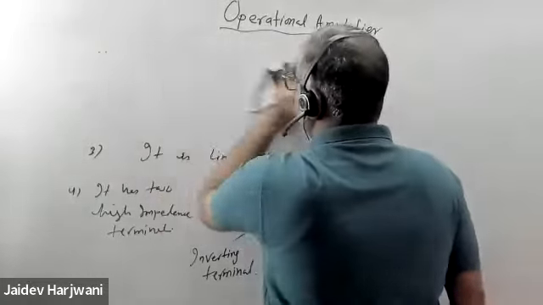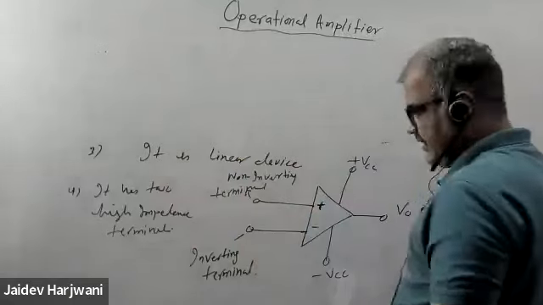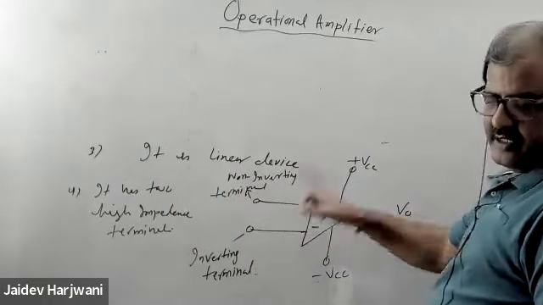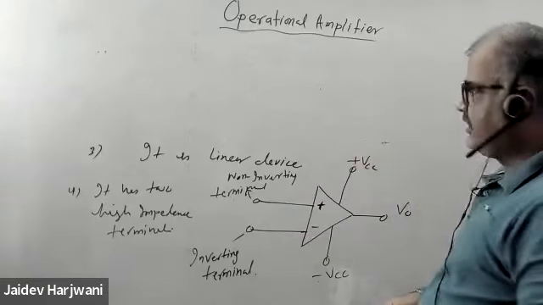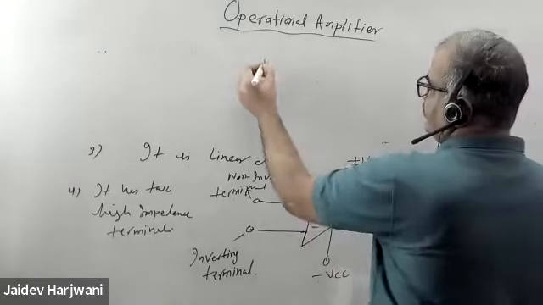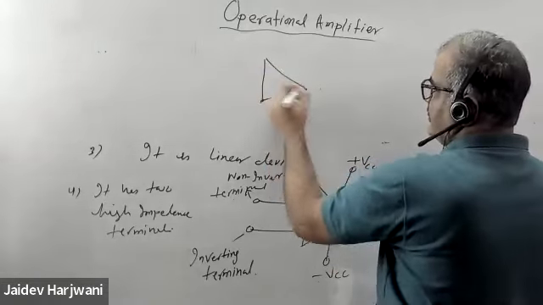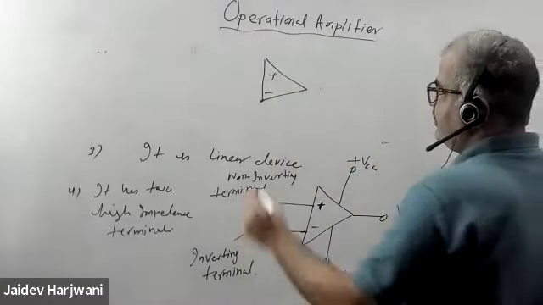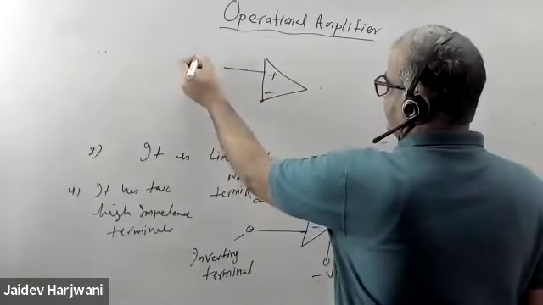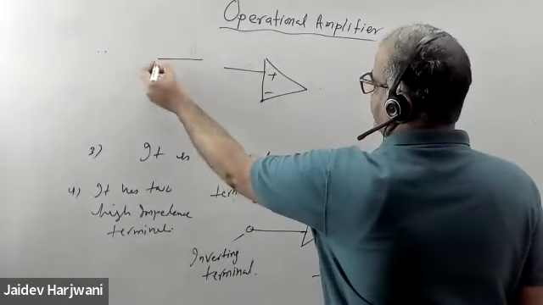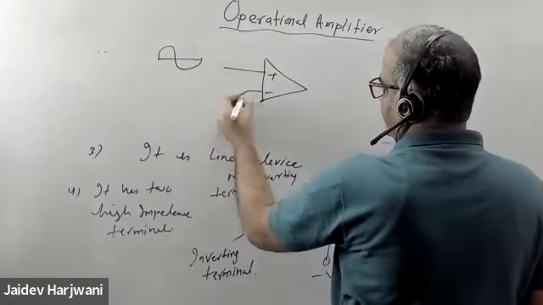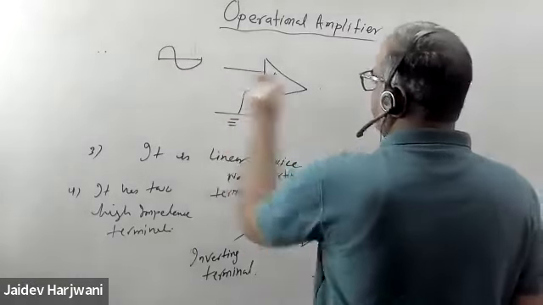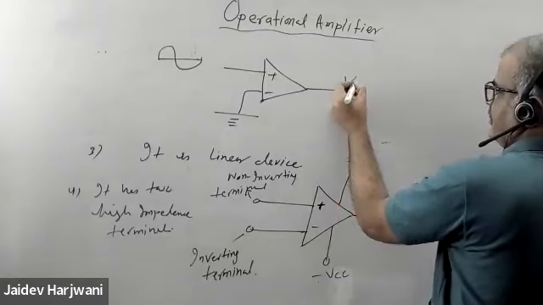Non-inverting terminal means that whenever you give a signal on it, the output will not be inverted. For example, if you give some signal here, making the other terminal a ground, then what will happen at the output?